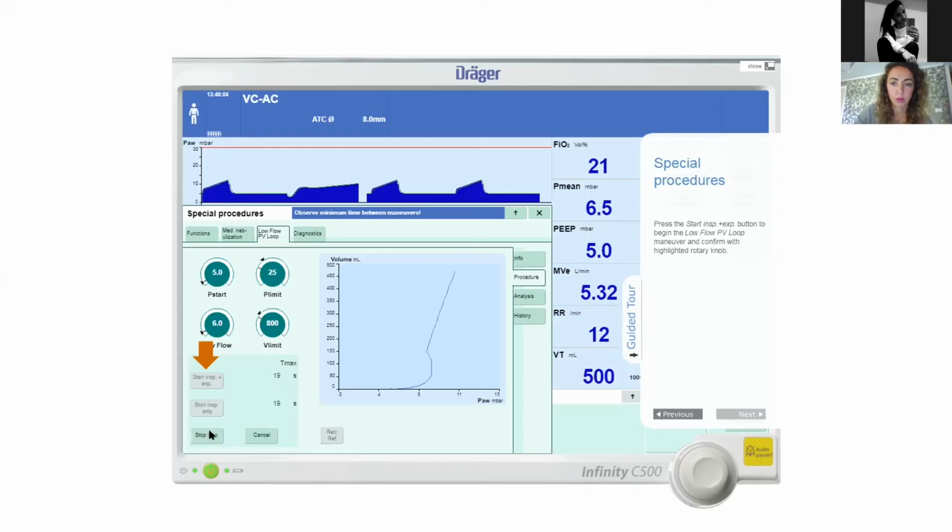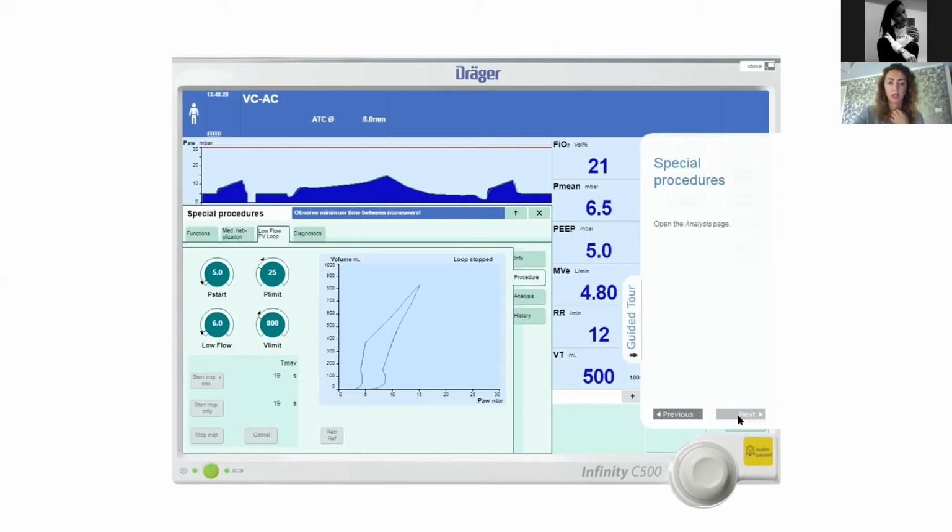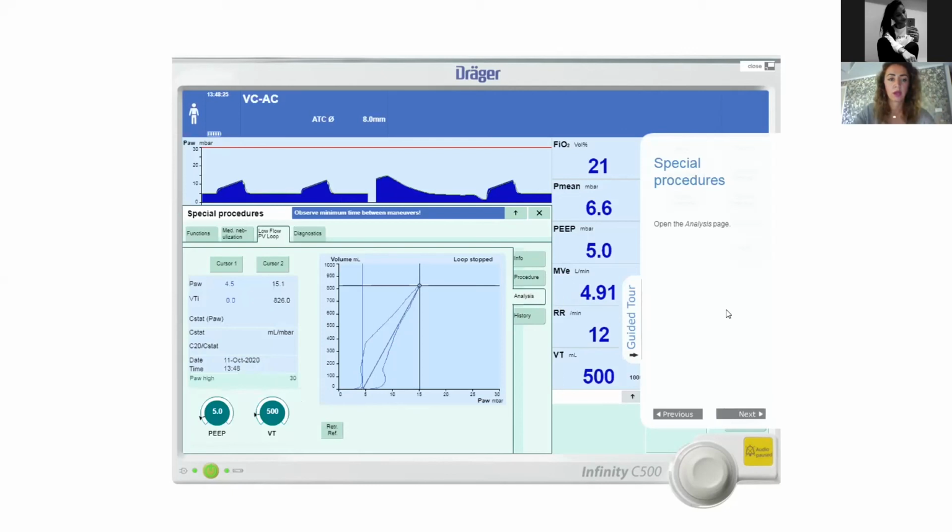It should be start inspiration. Now we are seeing in the diagram how it is calculating, how it is working, and in the end, we will open the analysis and it will show us the patient's condition with the volume and the pressure.